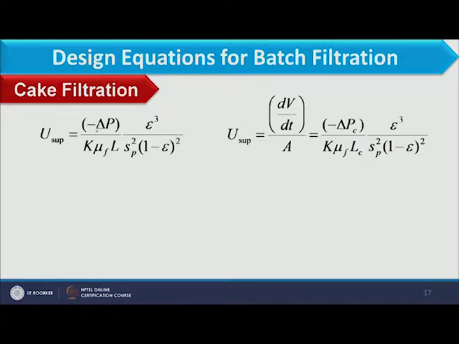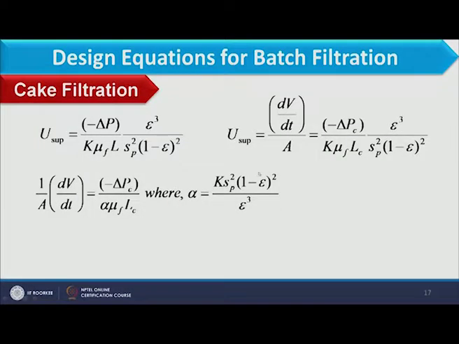Now here you see the pressure drop is replaced with the pressure drop across the cake, that is pressure drop of cake, because here what we are considering is the particle movement through the bed. So whatever pressure drop is obtained will be offered by the cake itself, therefore pressure drop will be replaced by pressure drop across the cake. So in this way we define the superficial velocity.